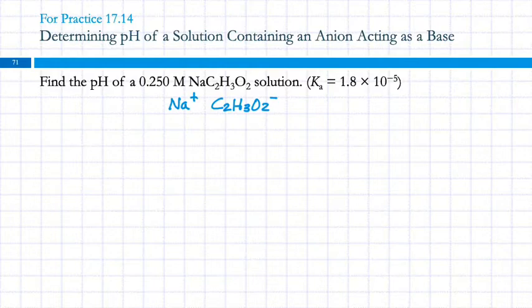And this is the anion. We're thinking maybe the anion can act as a base. Sodium is just along for the ride. That's a counter ion. We don't need to consider it at all. So this anion reacting with water can form HC2H3O2 plus hydroxide ion.